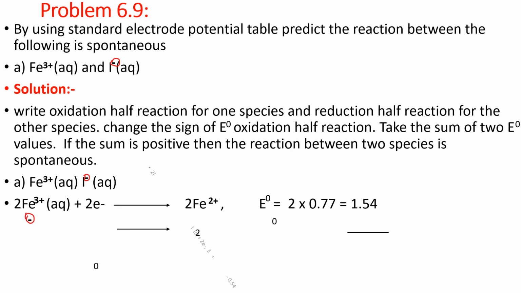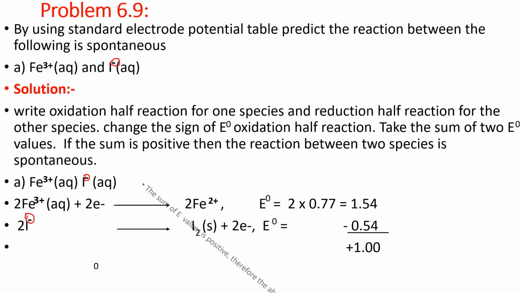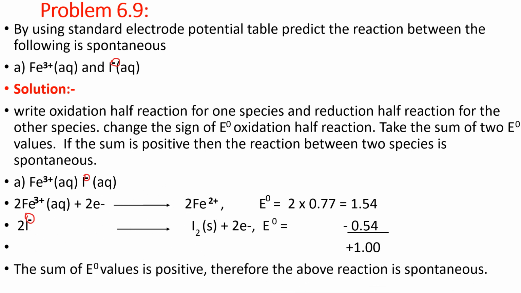Then second, 2 I minus gives I2 solid plus 2 electrons, with E0 value 0.54. Simply change the sign, so minus 0.54, and the sum gives 1.00 as the answer. These are positive. Then the sum of E0 values is positive, therefore the above reaction is spontaneous. Okay, here this chapter is completed. Thank you.